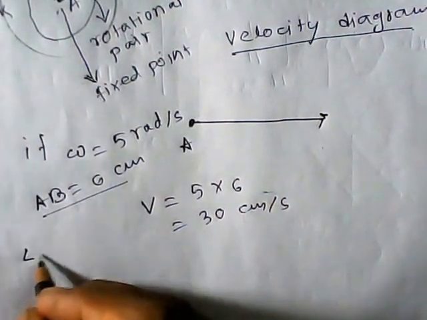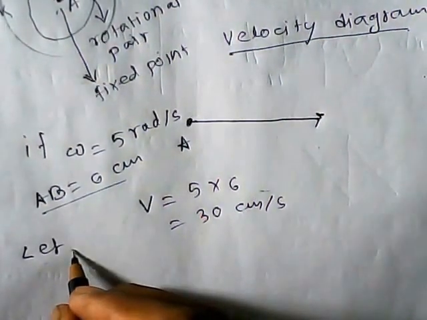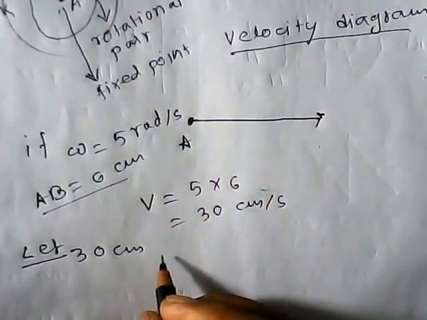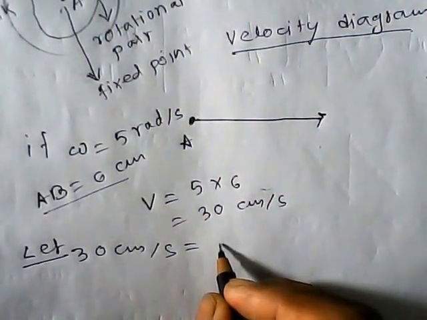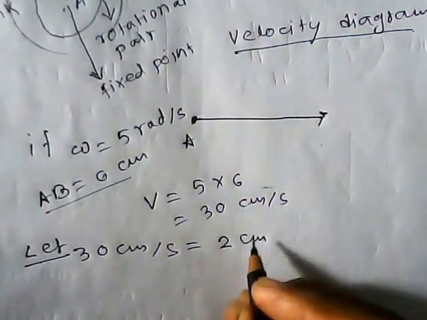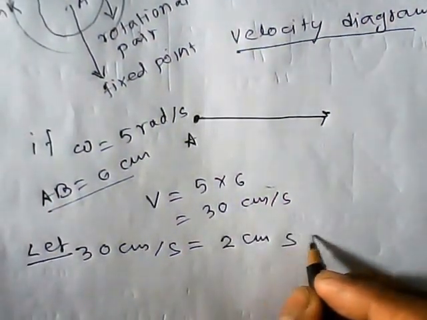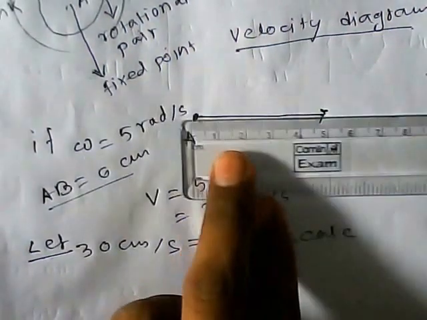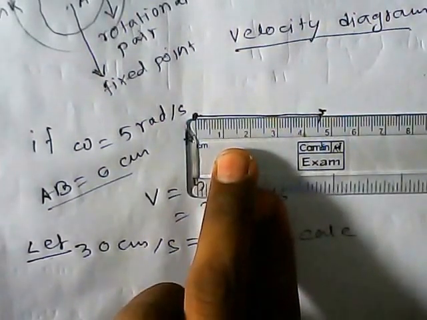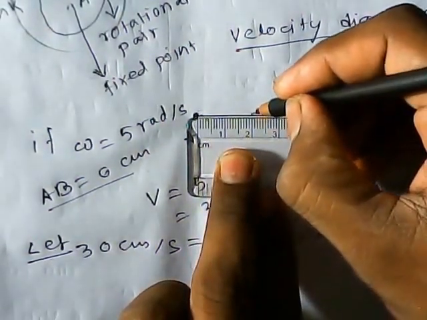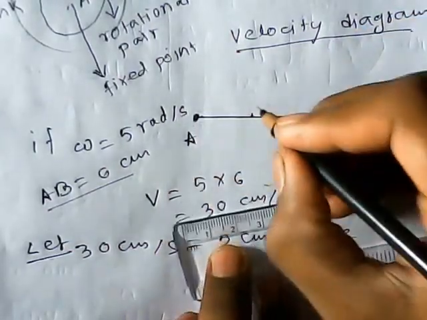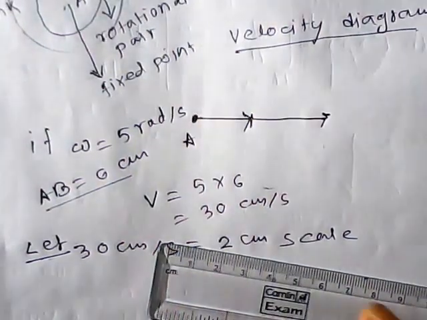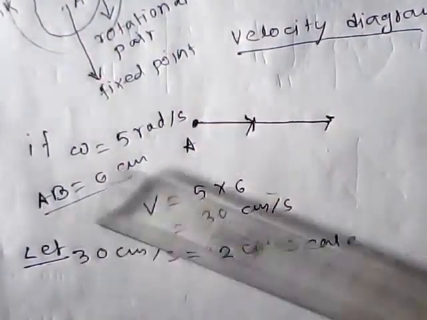Now to draw the velocity diagram, we have to consider a scale. Let 30 centimeter per second equal to 2 centimeter scale. And we locate 2 centimeter on the velocity diagram, in this direction, that is equal to 30 centimeter per second.